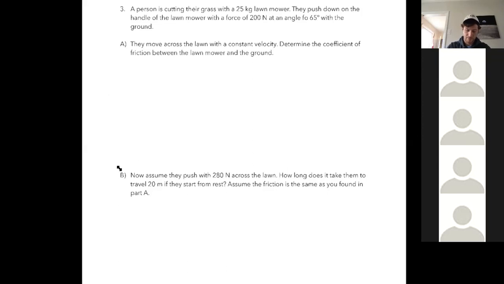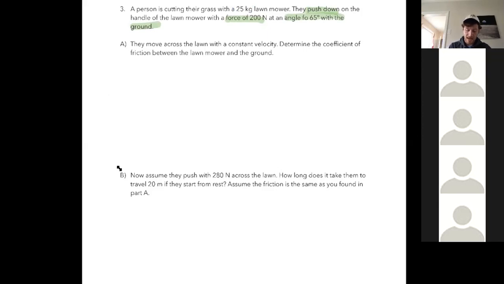So we want to know. Couple things here. We're given a mass. We're pushing down on the handle of the lawnmower with a force of 200 newtons at an angle of 65 degrees with the ground. First thing, moving across the lawn with constant velocity, determine the coefficient of friction.